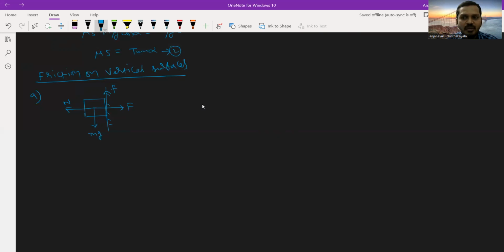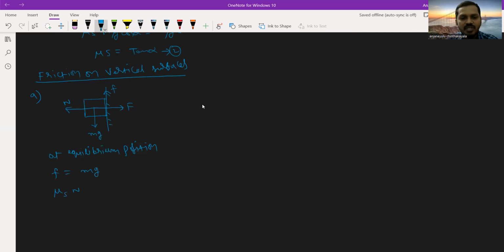So at equilibrium position, frictional force f is equal to mg, but frictional force f is equal to mu s into N, because the block is at rest.